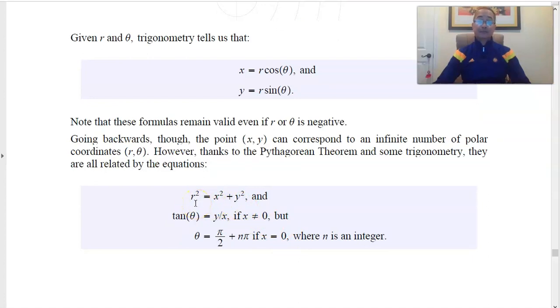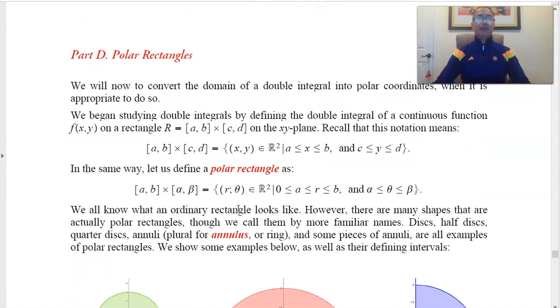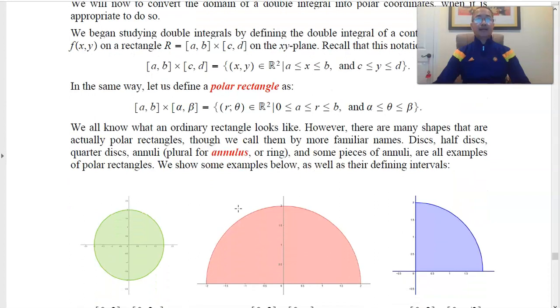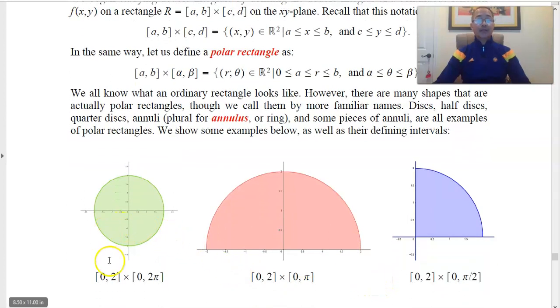So that's simply r squared. Okay, and then we looked at polar rectangles, and these are going to be the domains of our double integrals in this video, okay? So we have a full disk. r goes from 0 to 2, theta goes from 0 all the way to 2 pi. If you only want the upper half, then you only go from theta is 0 to theta is pi.